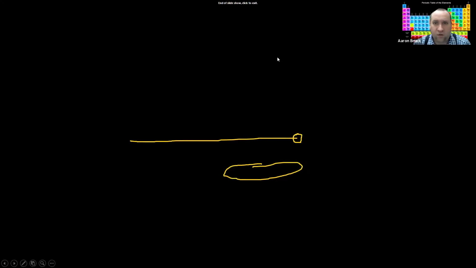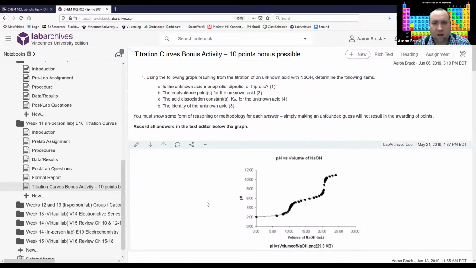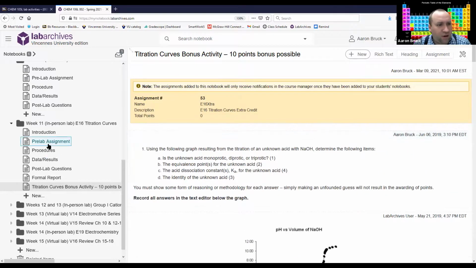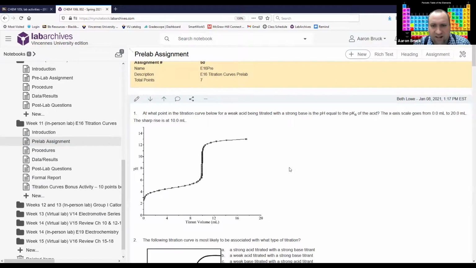Walking on over to the pre-lab. For the pre-lab assignment here, you are asked to investigate in question 1, what is the pKa of the acid? Well, again, this is the half equivalence point.